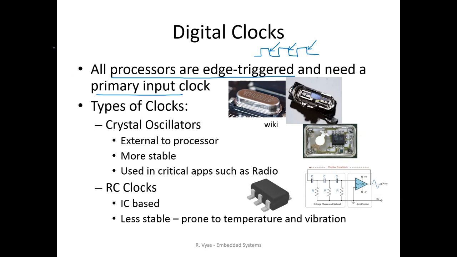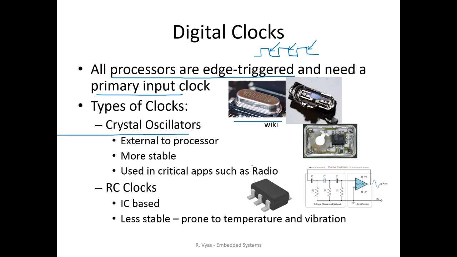And there are different types of clocks. You have something called crystal oscillators. If you ever open up a motherboard or a circuit board or your phone's board, you will see one. If you remember those analog wristwatches, have you ever seen "quartz" written, like quartz movement?